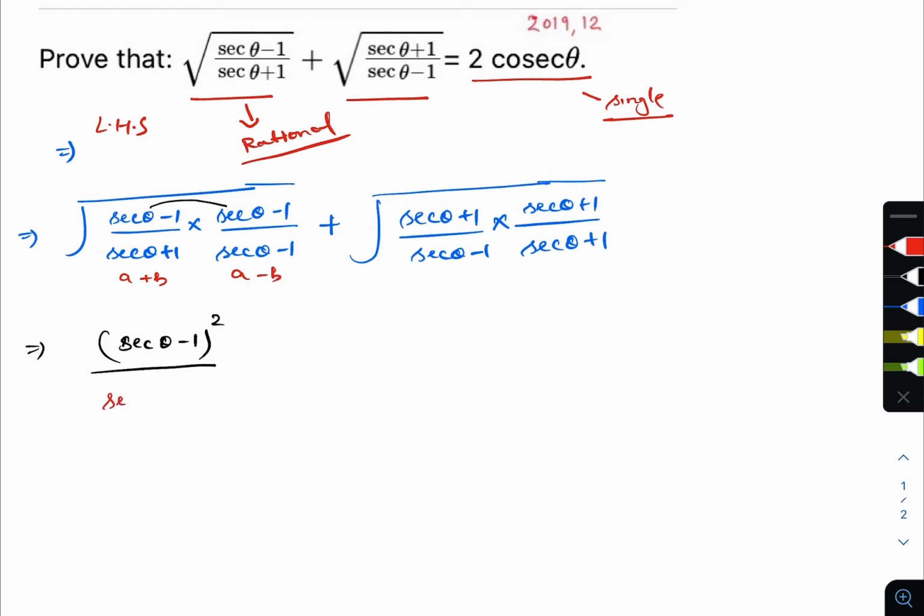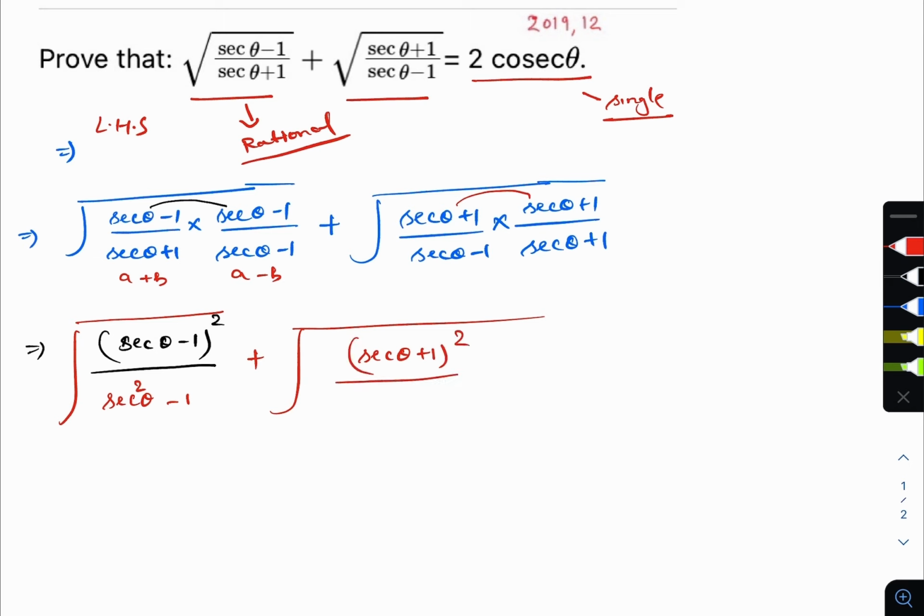So a is secant theta, so secant square theta minus 1 square, which is 1, and there is a square root. Plus, in here also in the numerator both the terms are same, so it will be the whole square, and in the denominator a minus b and a plus b, it will be a square minus b square. So right here, secant square theta minus 1. So in two steps we have done almost the complete question.